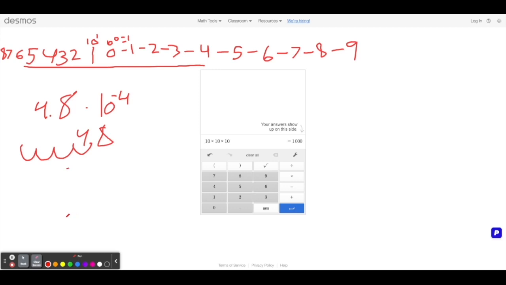If it's negative, then you'd go left, just like on a number line. And if it was positive, you'd go right, just like on a number line. So this number would be 0.00048.